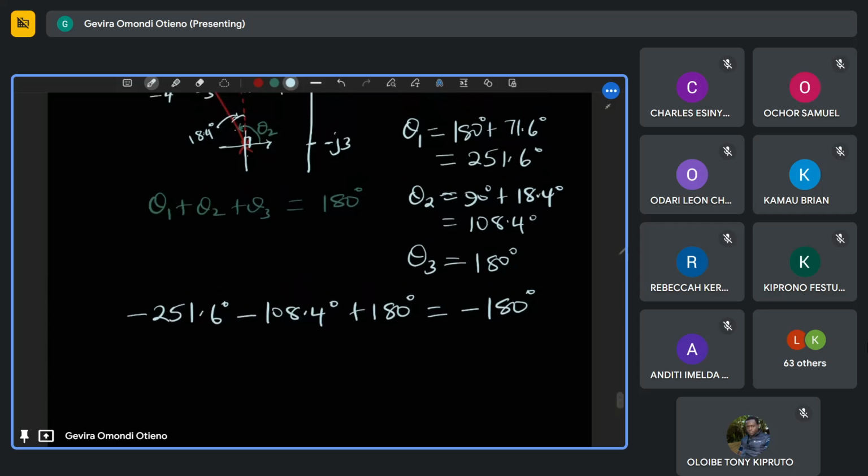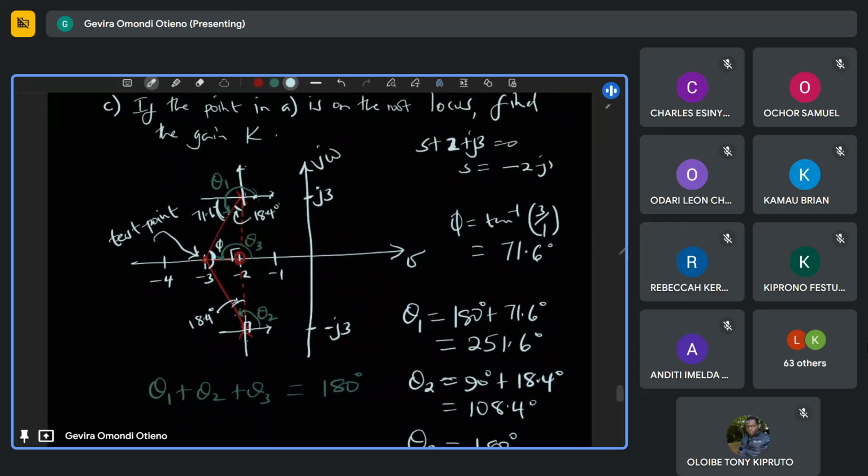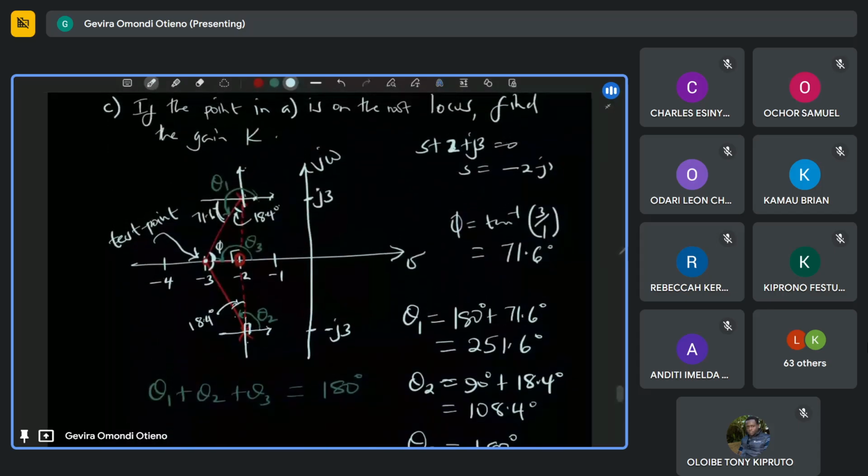To put it into perspective, it means that this test point here makes minus 180 degrees with the real axis, which is true because we are measuring our angles in a counterclockwise manner from the real axis. So this is 180 and this is minus 180, but that is the same point anyway, because 180 degrees and minus 180 degrees are one and the same thing.